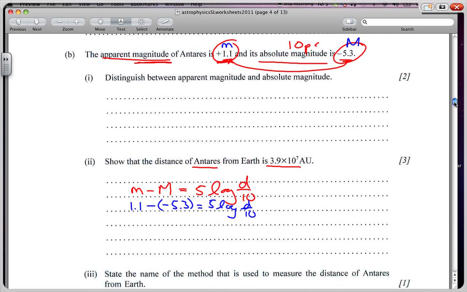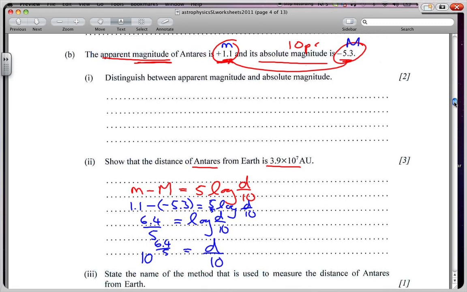So that's going to become plus 6.4: 1.1 plus 5.3 is 6.4. And we're going to divide that by 5, which is equal to log d over 10. We change it into our exponential form, so it's going to be 10 to the power of 6.4 divided by 5, and that is going to equal d over 10.